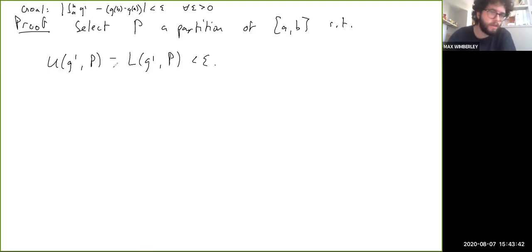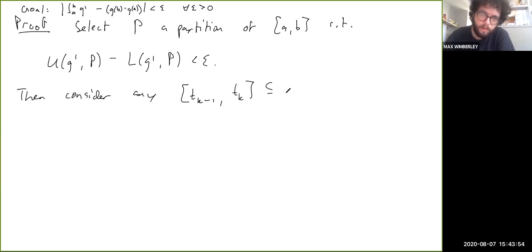Then consider any interval [t_{k-1}, t_k], a subset of [a, b]. Sorry, not a subset of P, a subset of [a, b].